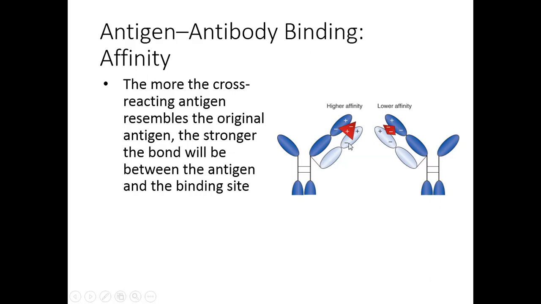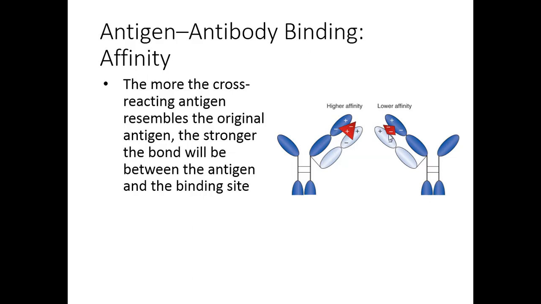The two antigens resemble each other enough so that there's that cross-reactivity that we've talked about so many times between the antibody and not only its true target, but also something that's similar in structure.